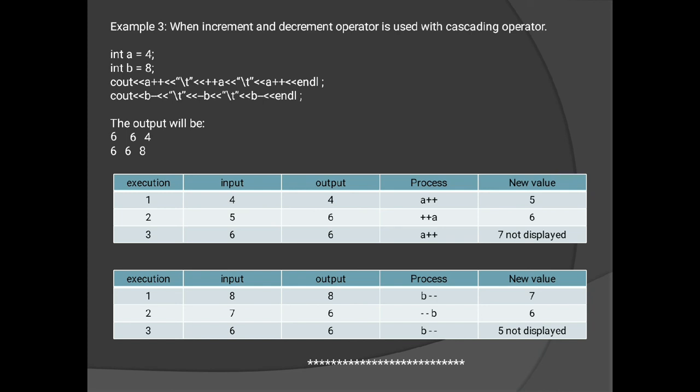In the table I've shown, there is the first execution, that is the step-wise 1 2 3, then the input values, then the output, and then the process, and then the new value that you get.